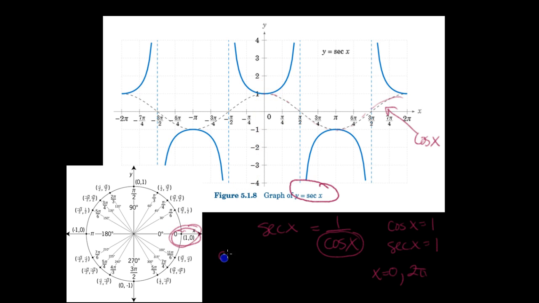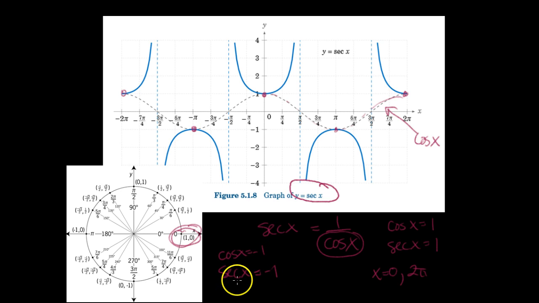Similarly, when is cosine of x equal to negative 1? Because that would give you the value of secant x equaling negative 1. So we just found this point and this point, and this point. See how the dashed lines help you develop this. Secant of x equal to negative 1 would be here and here, right? Well, when is that for cosine?